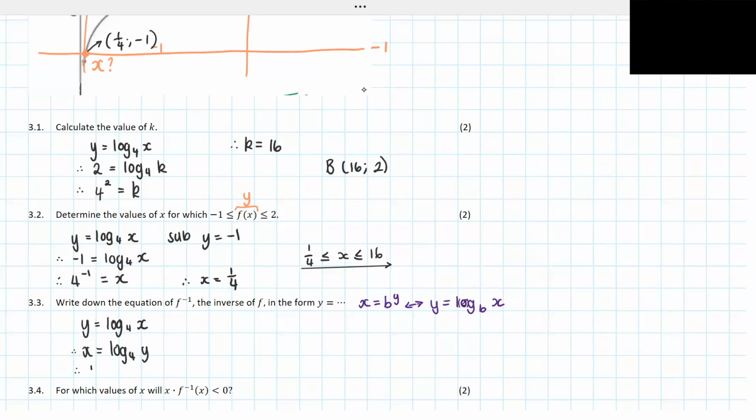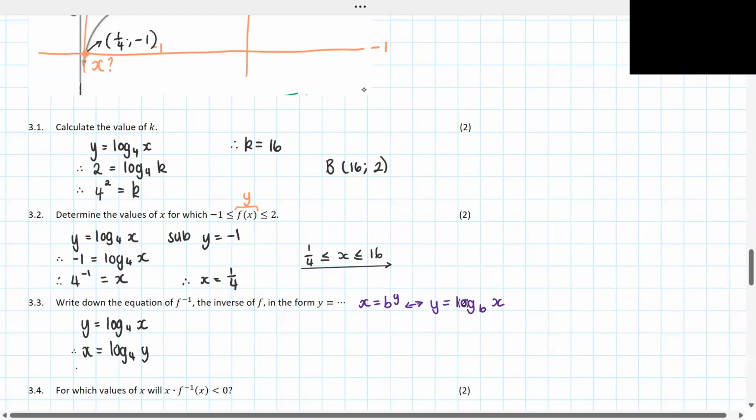Right. Using your rule, y is equal to 4 to the power x. Okay, so let's just double check to make sure that we're all on the same page. So remember that your log function was y equals log base 4 of x.